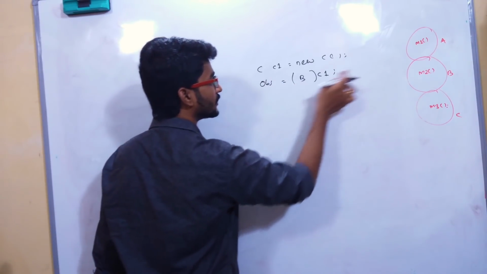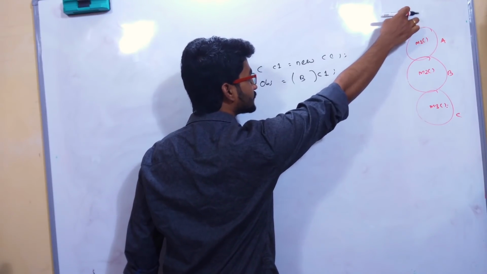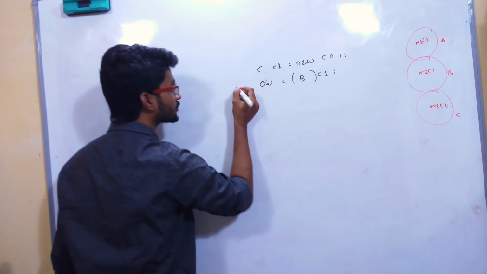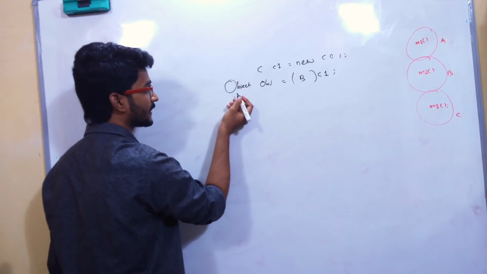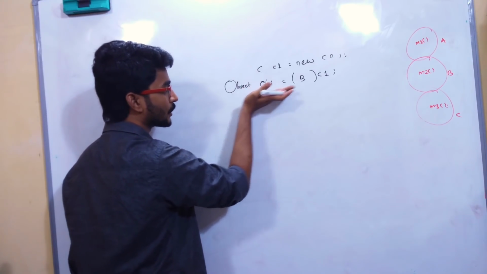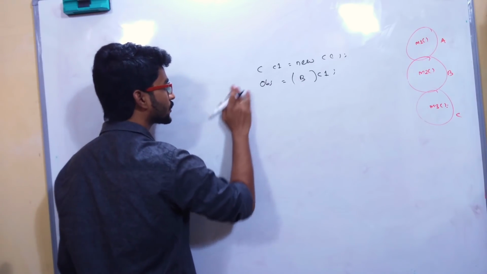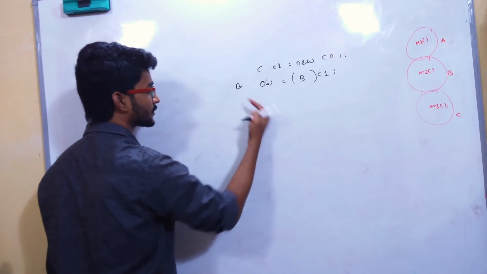Otherwise, above A we have the Object class, right? The Object class is by default the superclass of A. So I can also write Object here. So this is also fine, right? Object obj equal to casting C1 to B. That's also fine, but right now let's go with simple. Let's make it B. So B and B are matching, right?